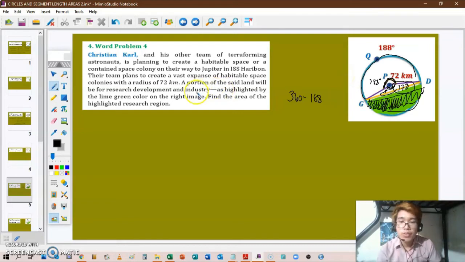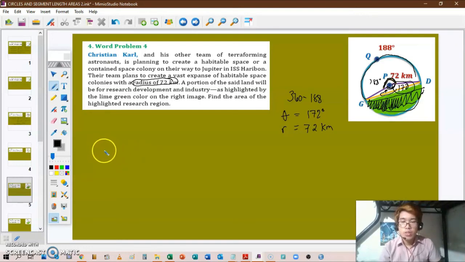And we have here the radius is equal to 72 kilometers. So we have here theta is equal to 172 degrees, and the radius is equal to 72 kilometers. Now we can solve for the area of the segment GD.